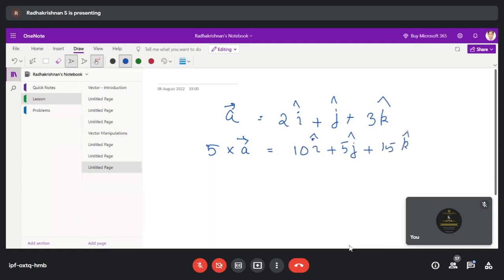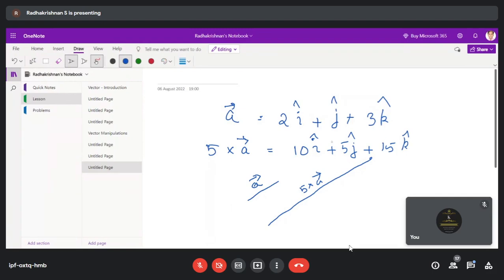In terms of graphic representation, this is your vector A. For 5 times vector A, the direction is going to be the same, only the magnitude will become 5 times. If you take the direction cosines of these two, they will be the same because the direction is the same.